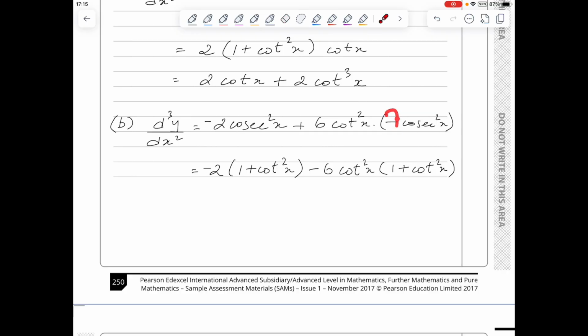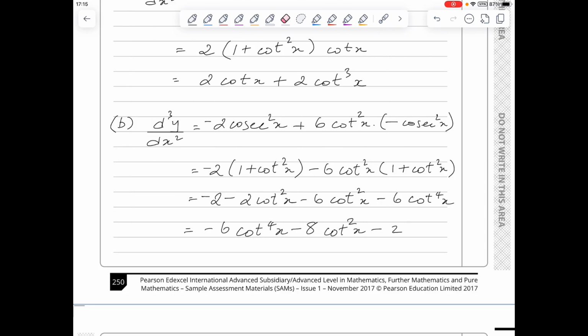Note I have moved that minus at the front of the term. So now if I expand my brackets, I will get minus 2 cot squared x minus 6 cot squared x minus 6 cot to the 4 x. And if I simplify, I will get this result, which is in the required form.